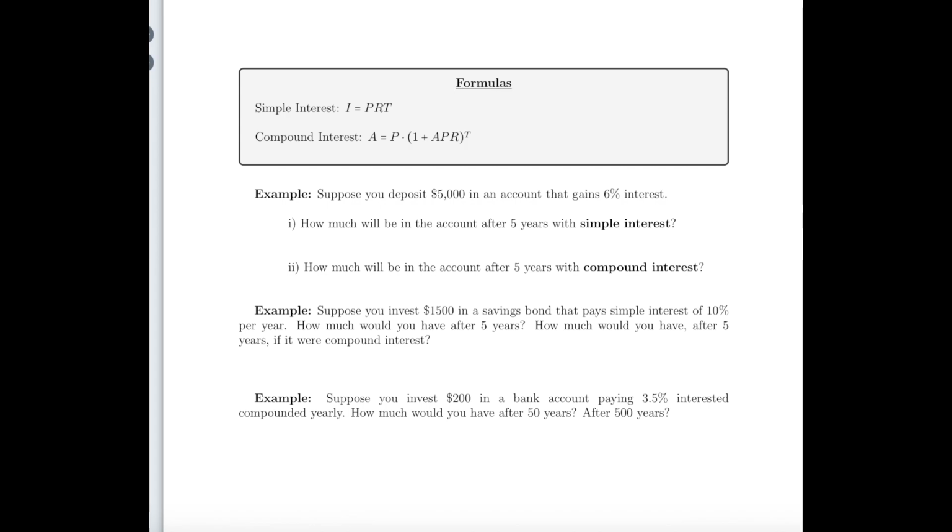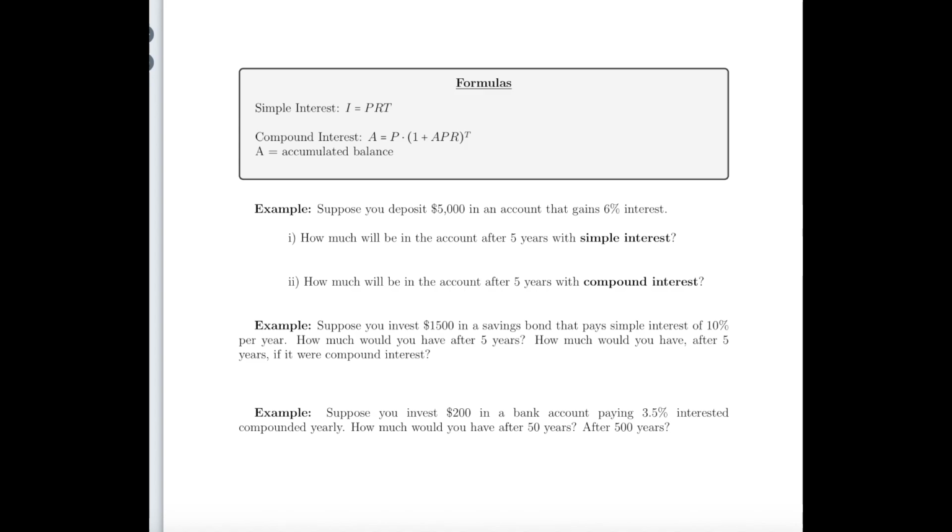If it's an investment, that accumulated balance is going to be how much you've gained. So your principal investment plus the interest that you've earned would be your accumulated balance. If you're wondering how to spell that, I could write it here. It is accumulated balance.